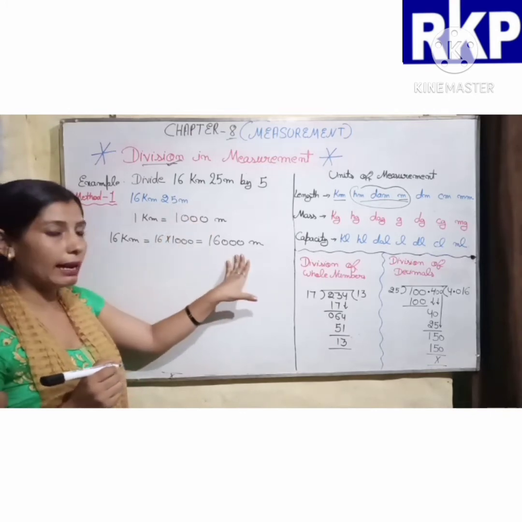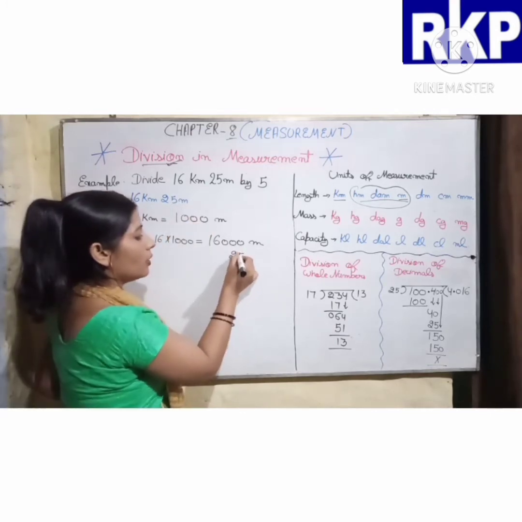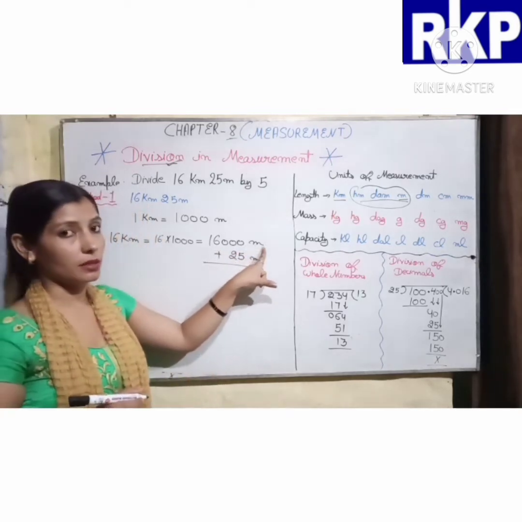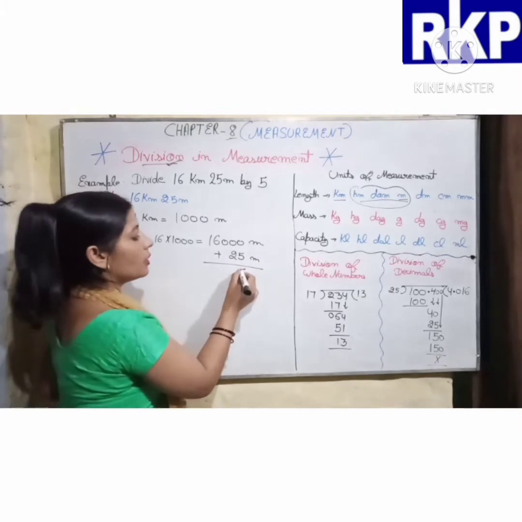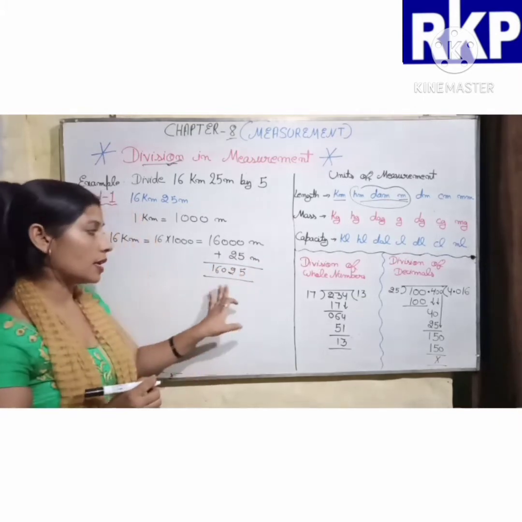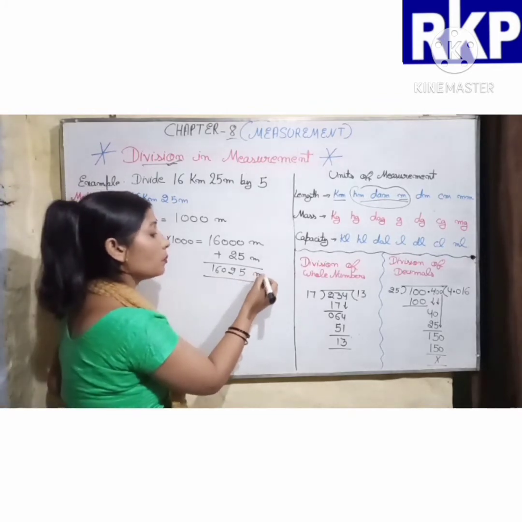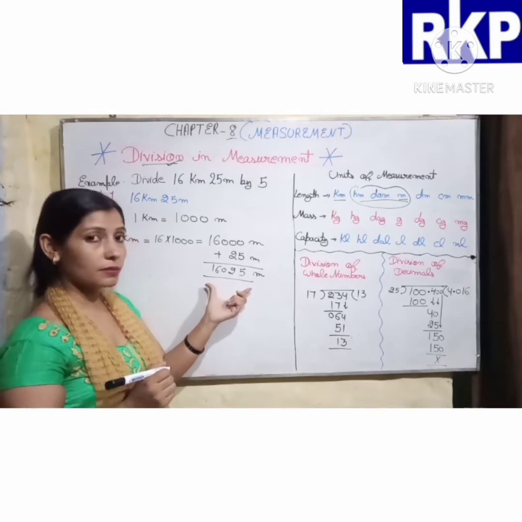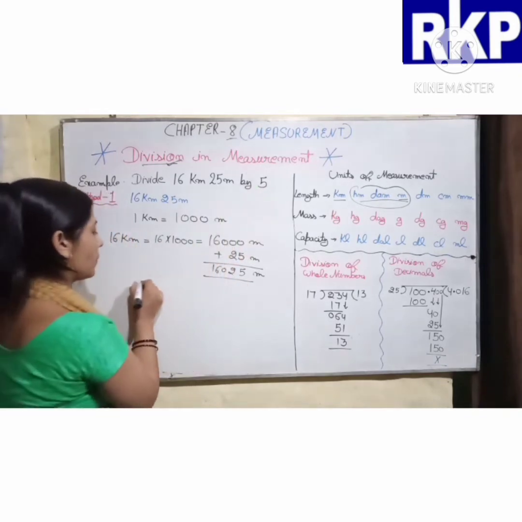Now we have 25 meters also. So we need to add 25 meters to 16,000 meters. When we add, we get 16,025 meters. Now we will divide this by 5.